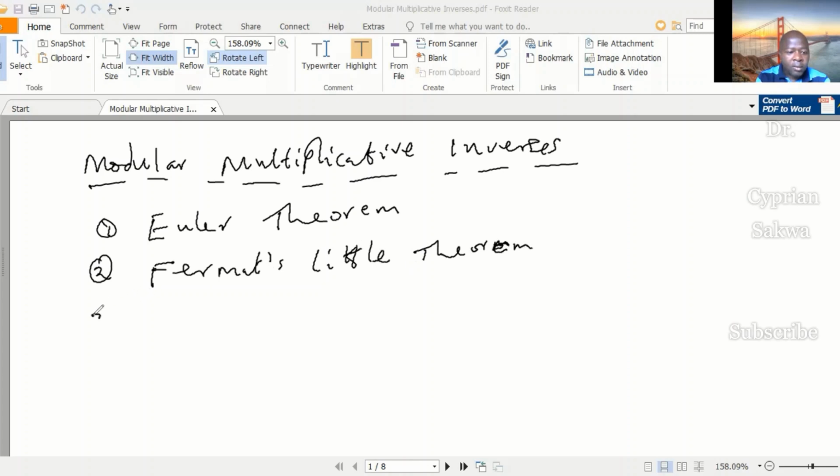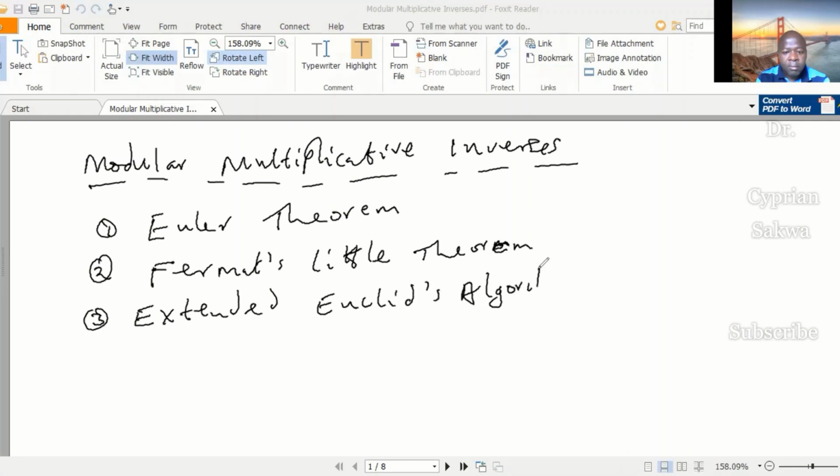And then I'll use the extended Euclid's algorithm. So these are the three methods I want to use to get the modular multiplicative inverses.